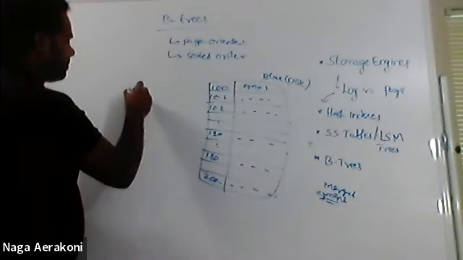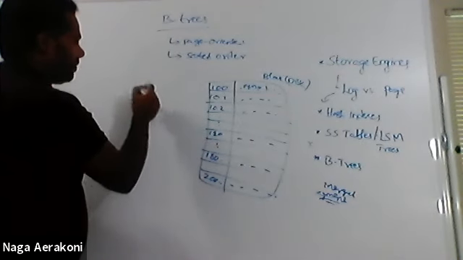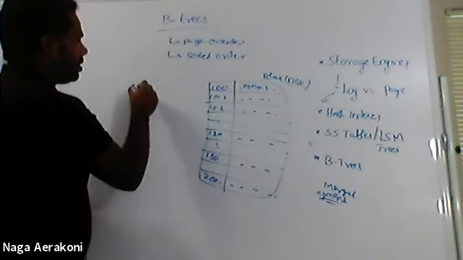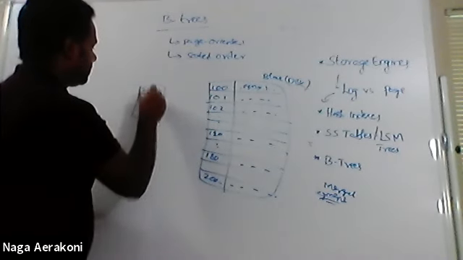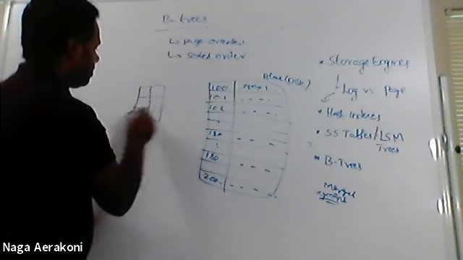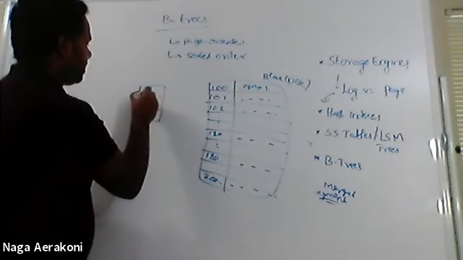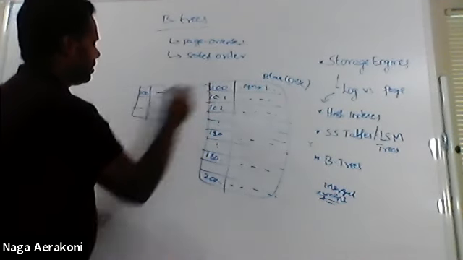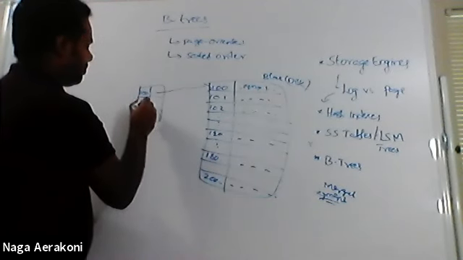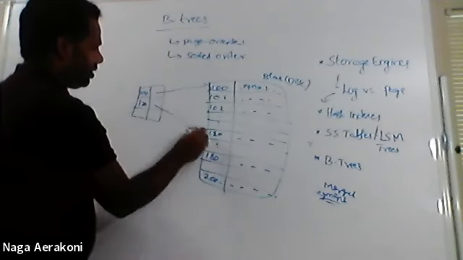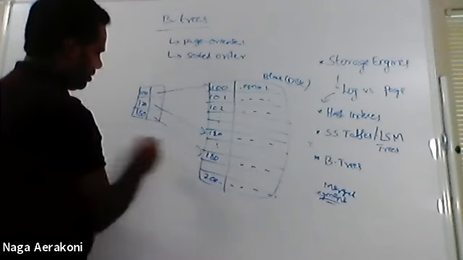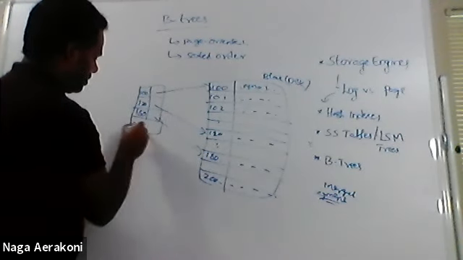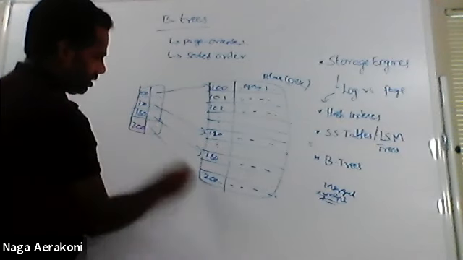So let's say that we will have some partial index. We'll say 100, let's point here, and 120, let's point here, and 180, let's point here. Let's take another, 200, point here.